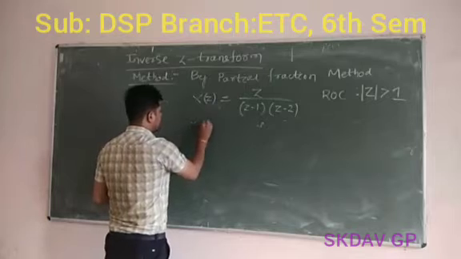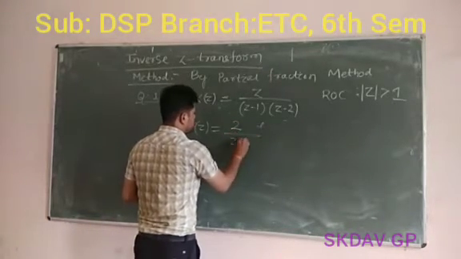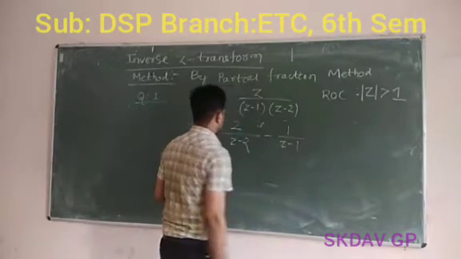Hence X(z) is equal to 2 by (z minus 2) minus 1 by (z minus 1).